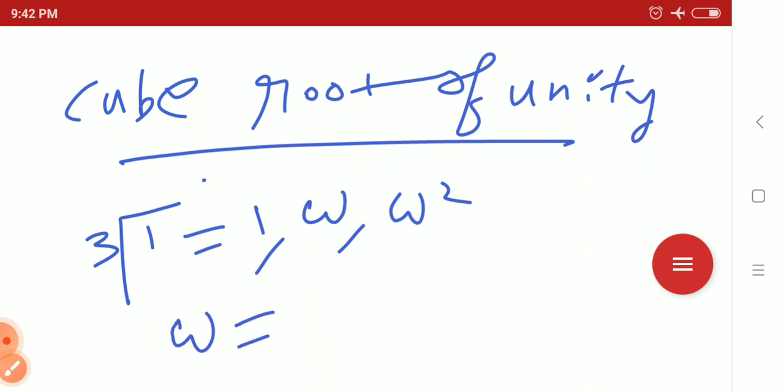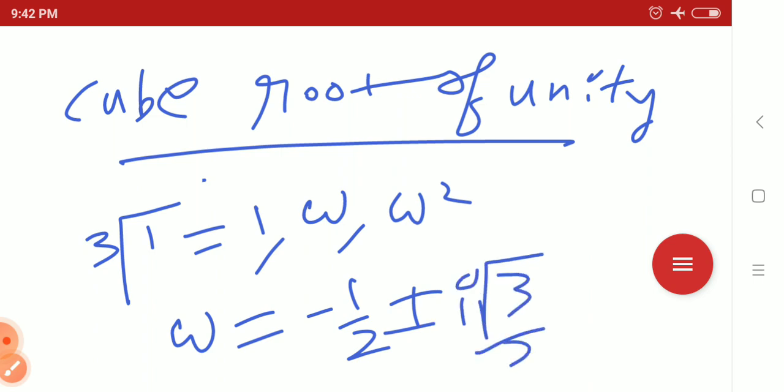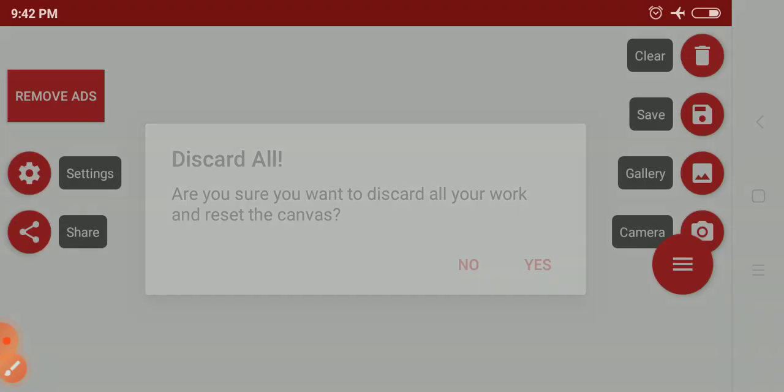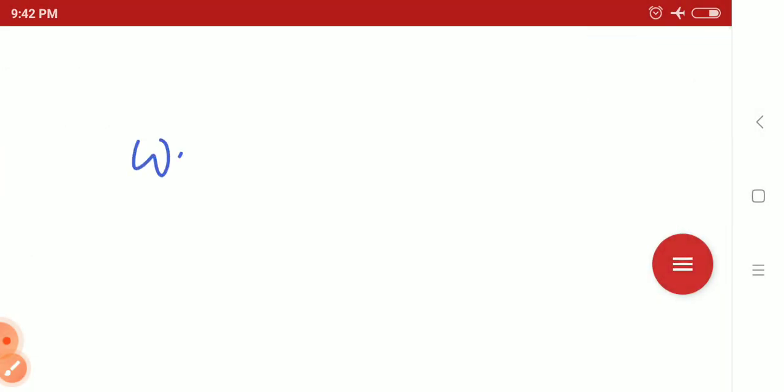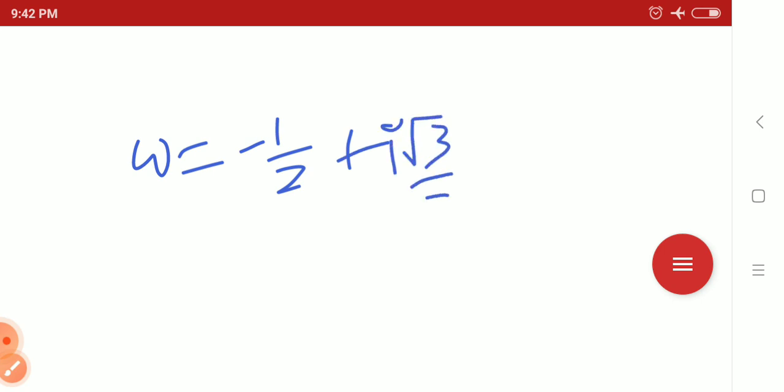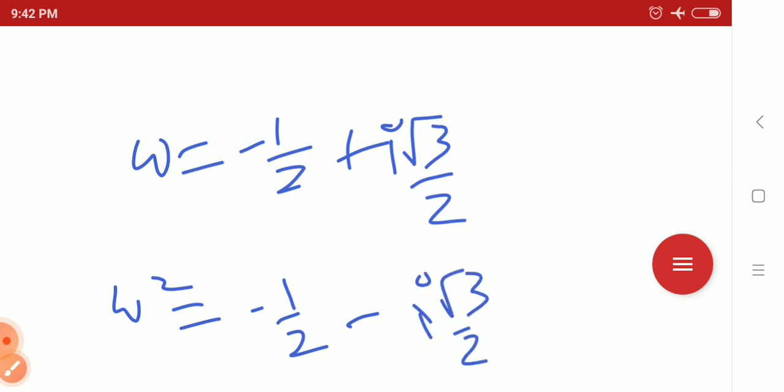Omega equals (-1 plus minus iota root 3) by 2. Omega will give us (-1 plus iota root 3) by 2, and omega square will give us (-1 minus iota root 3) by 2.